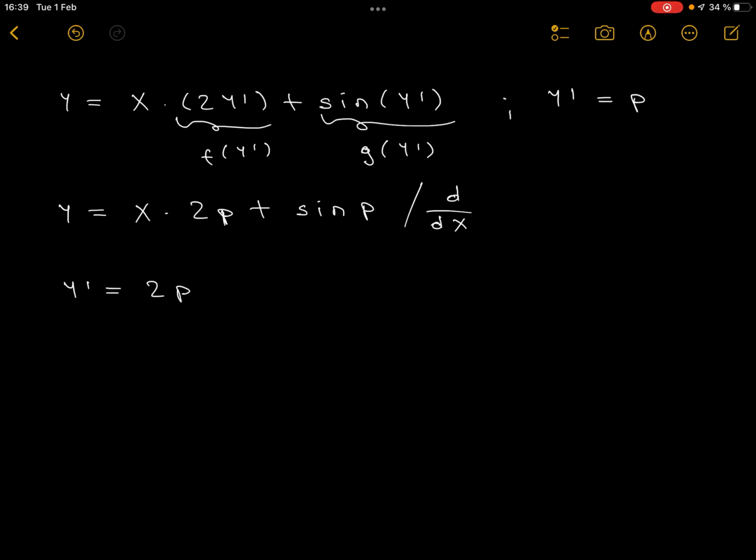2p plus x times 2p prime plus cosine of p times p prime.